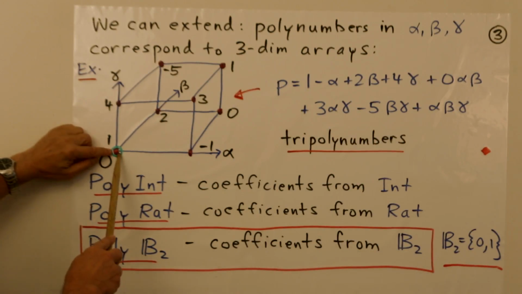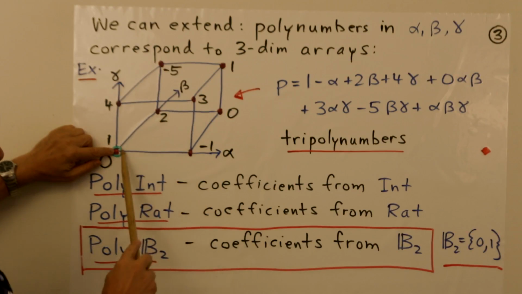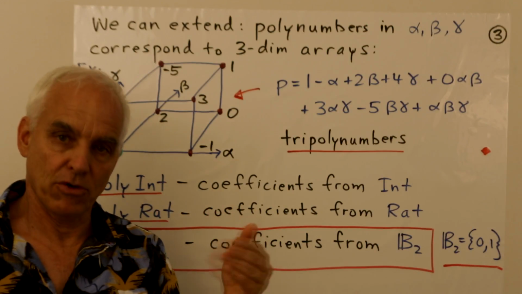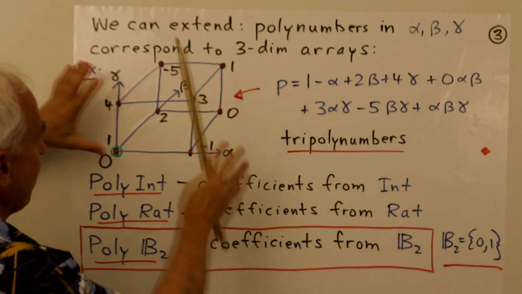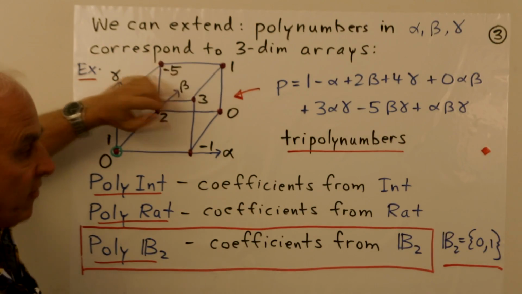So if here's the origin, and here's the alpha direction and the beta direction and the gamma direction now, then this cube represents all those positions where the coefficients are either 0 or 1. And we see that the various values here can be represented by this assignment of numbers to the various positions.